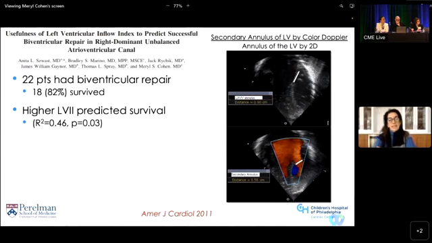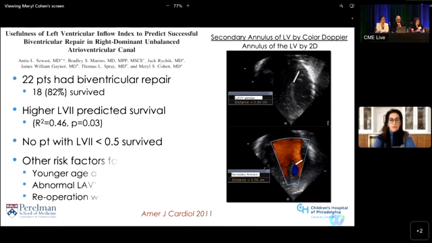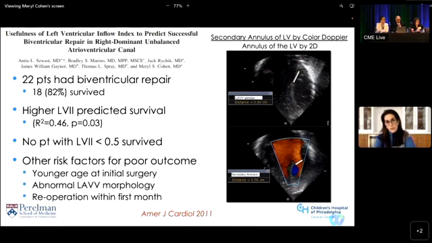And this inflow index did indeed predict survival of two-ventricle repair, and no patient who had an index less than 0.5 survived two-ventricle repair. There were, of course, other risk factors for poor outcome, including younger age at surgery, and if the left AV valve was abnormal, like a parachute or something like that.